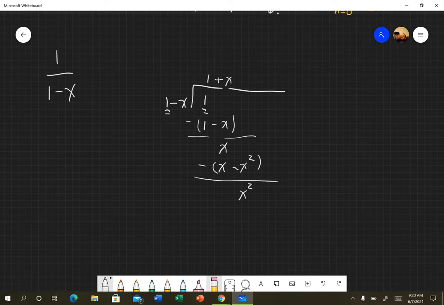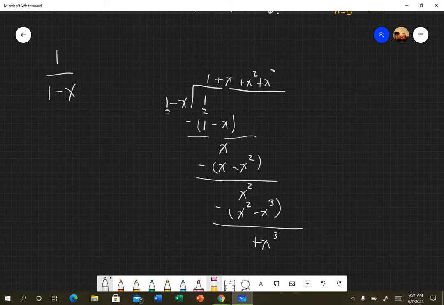And now the question becomes, how many times does 1 go into x squared? It goes in x squared times. So again, we distribute that out, and x squared times 1 is x squared. x squared times minus x is minus x cubed. Subtract that out, and we're left with a positive x cubed. I think you can kind of see where this is going.